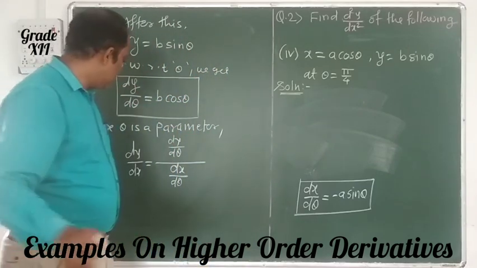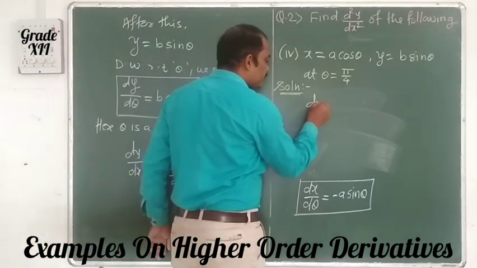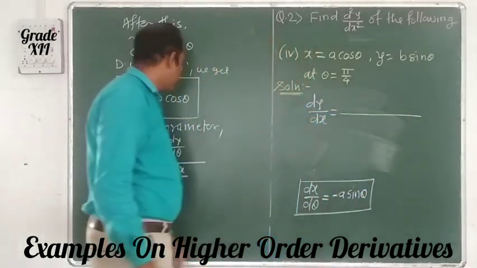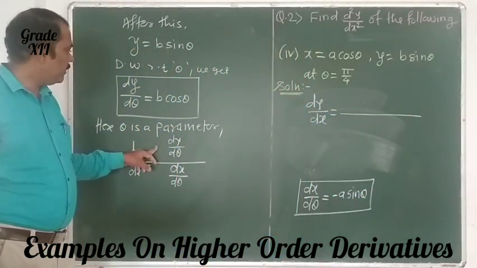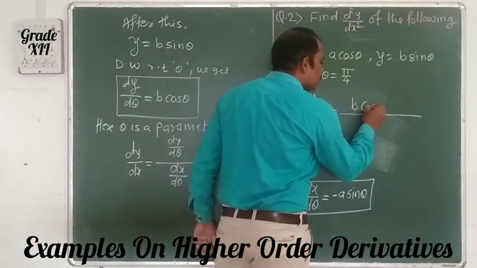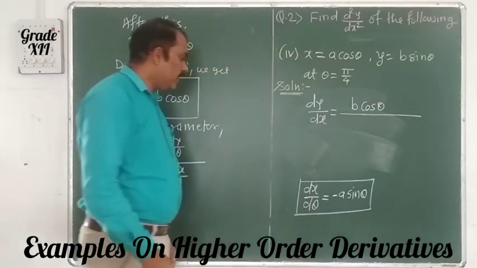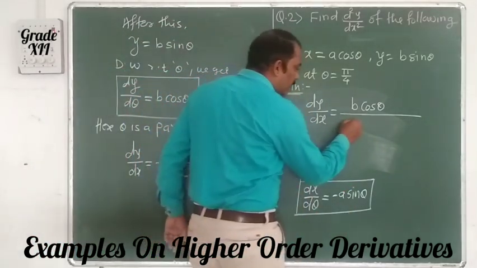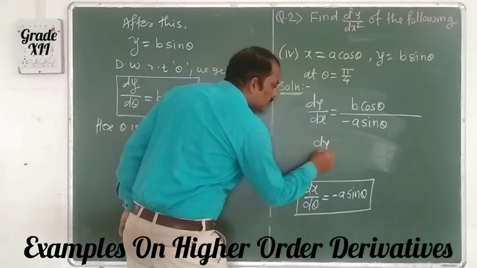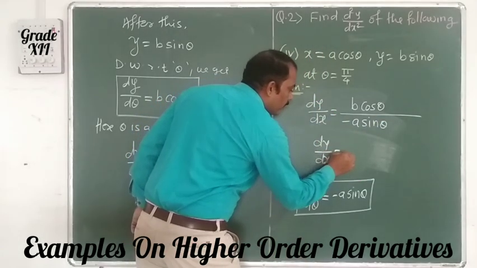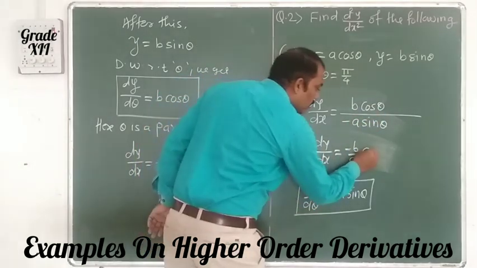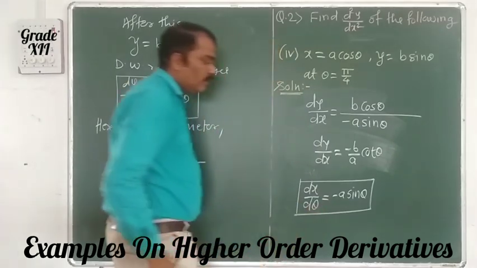So we get dy by dx is equal to, what is the value of dy by d theta? It is nothing but b cos theta. What is the value of dx by d theta? It is nothing but minus a sin theta. That is dy by dx is equal to minus b by a, cos upon sin is nothing but cot theta.